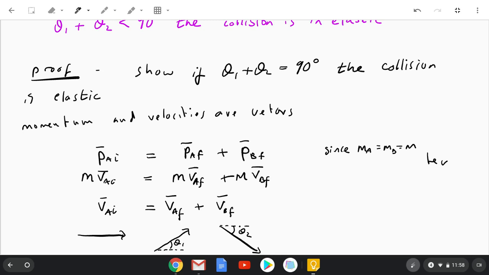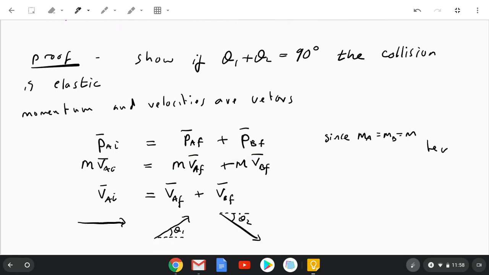In terms of vectors, it's mass times velocity, and the masses cancel because they're all the same mass on both sides of the expression.